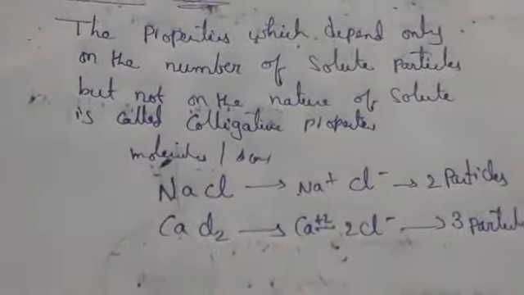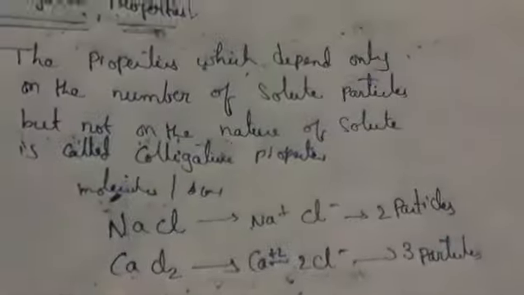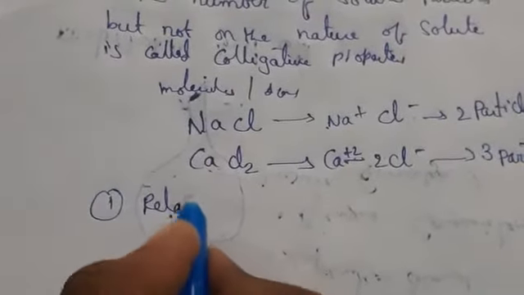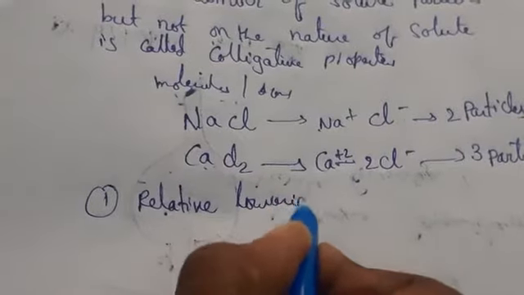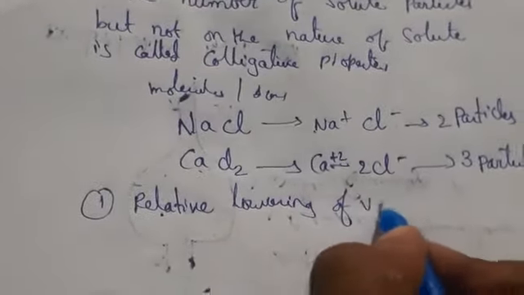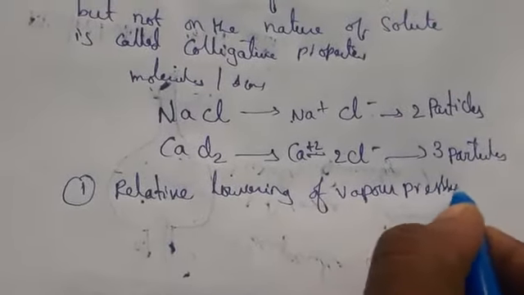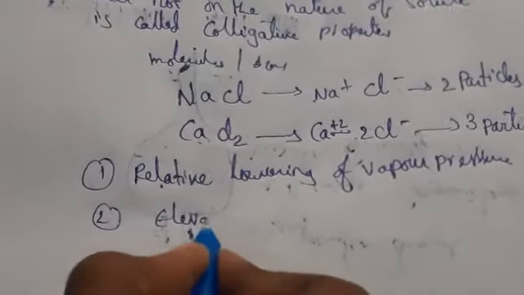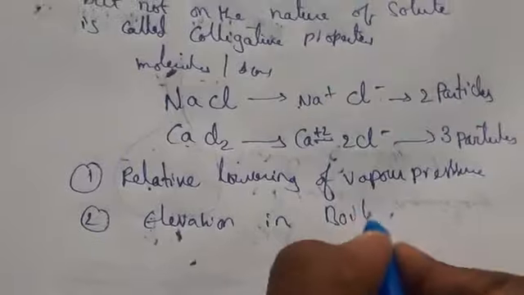Here, how the solute particles are going to affect different types of properties? First one is relative lowering of vapor pressure. These are the examples of colligative properties. Second one, elevation in boiling point.